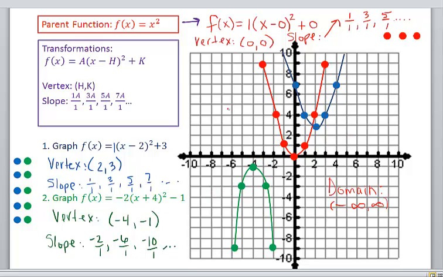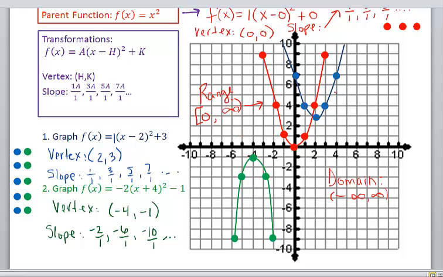But now I have to take a look at my range. So let's take a look here at my red graph. This time my range is going to start at 0, and it includes 0. So hard bracket 0, and it goes up to infinity. If I take a look at my range for my blue graph, this time the lowest y value I have here is 3.